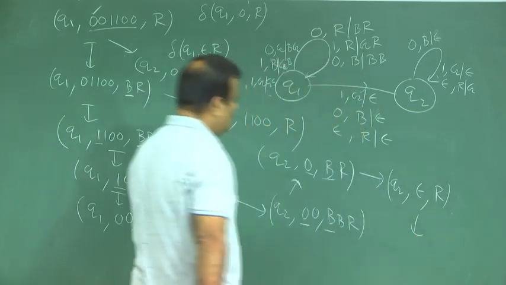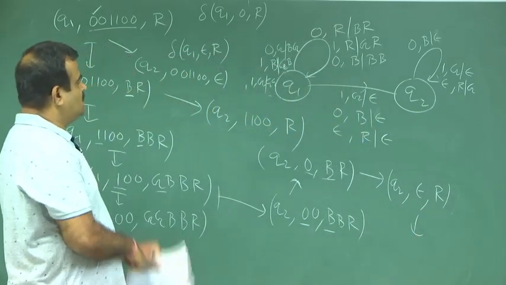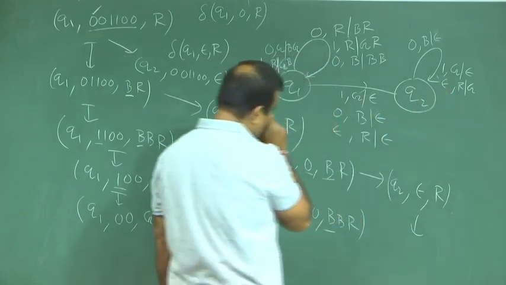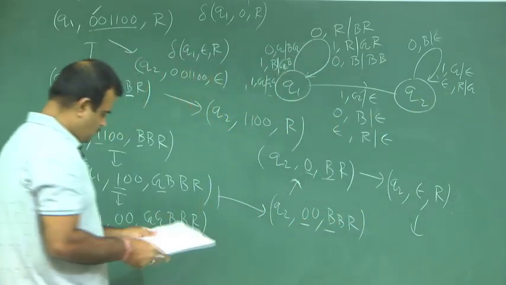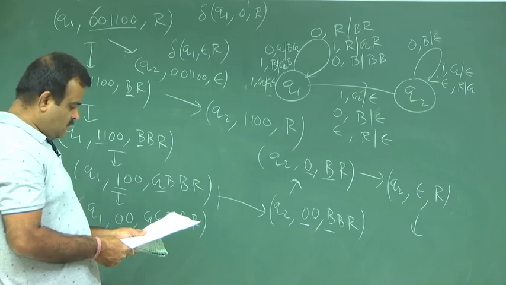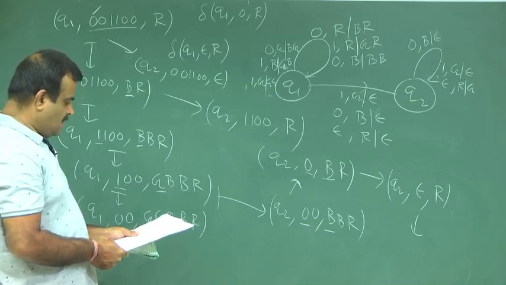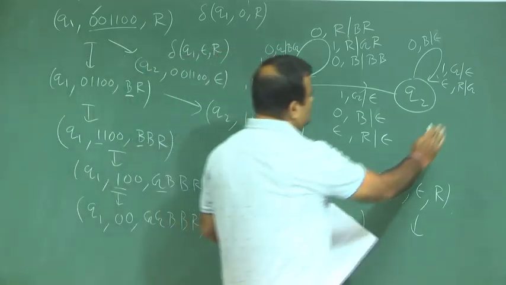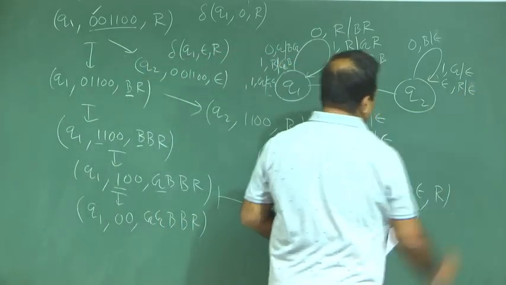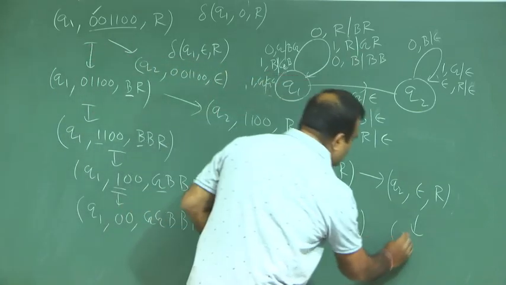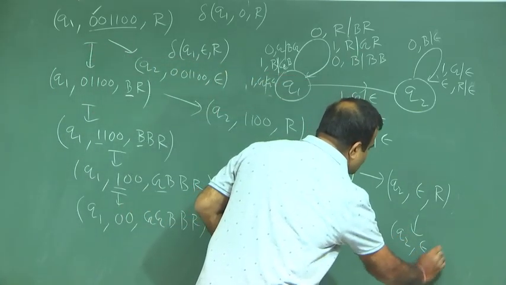Now, q 2 0, q 2 epsilon r. So, if we see epsilon and r, it will be q 2, and r will be, sorry, this is epsilon, this is not g. So, if we see epsilon and r, then it will be q 2 epsilon epsilon.